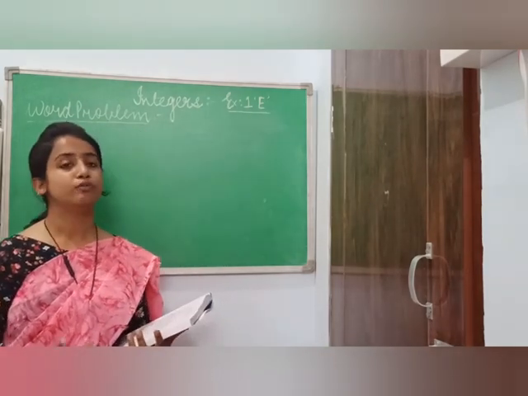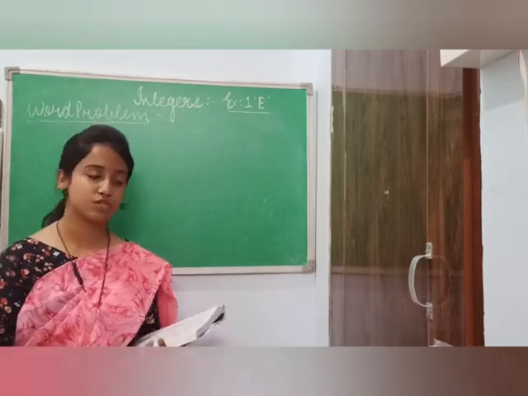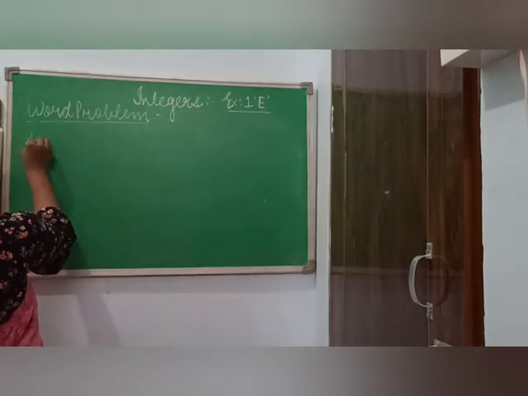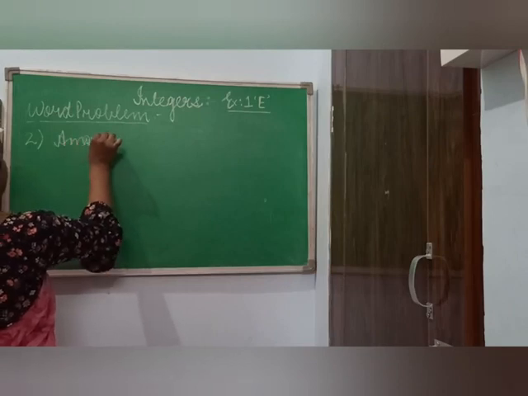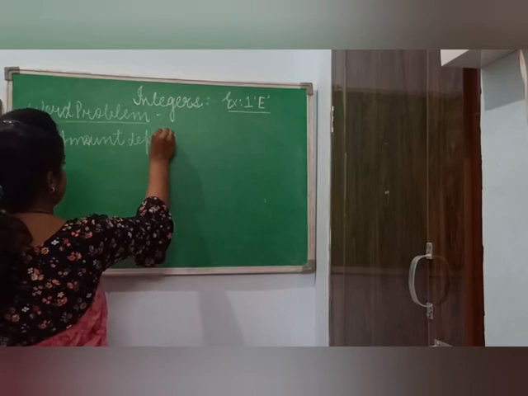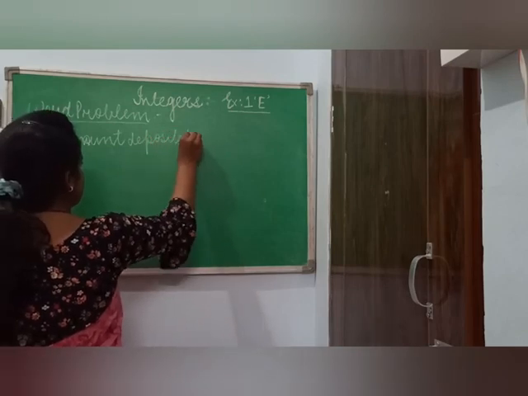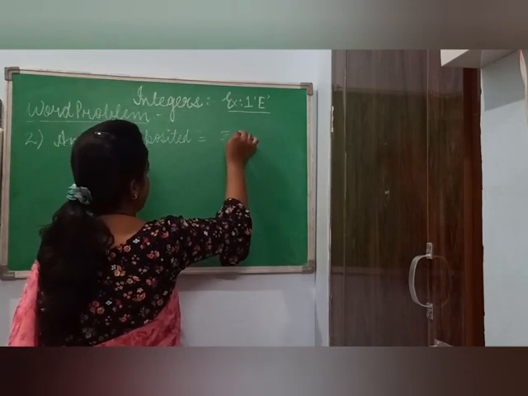So what we'll do, we'll find out the difference of the amounts, which means we have to do the operation of subtraction. Question number 2. Amount deposited. Now, amount deposited was rupees 5,000.